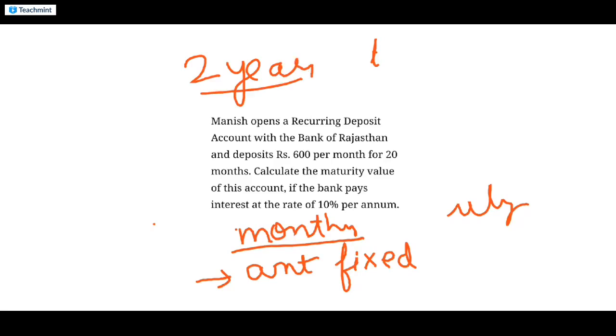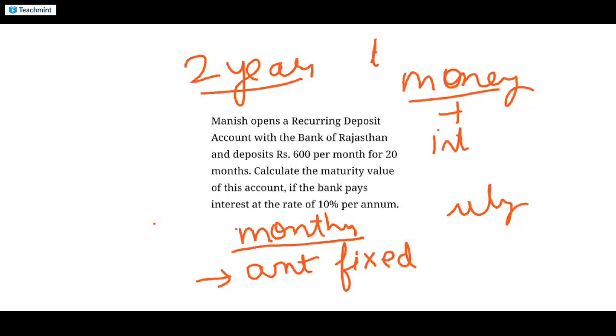Every month for 2 years you will be putting that money, and after the 2 year period is over, you will be getting that money for sure. Whatever money you have deposited, you will get, plus you will be getting the interest just like under the FD. But the way to calculate the interest is a little different when it comes to the RD concept. It is slightly different from your simple interest or compound interest.